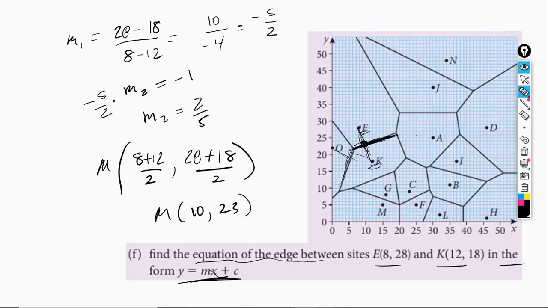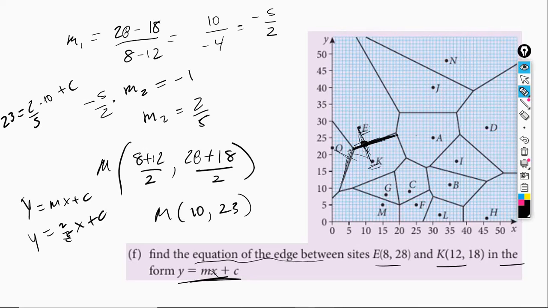So yes, we have gathered enough information to finally write the equation, because the equation is in the form y equals mx plus c. We already have m. y equals 2/5 x plus c, and all we need to do is find c, but we can use the point we just found to solve for c. Let's do that up here. So that would be 23 is equal to 2/5 times x, sorry, that's times 10, plus c.